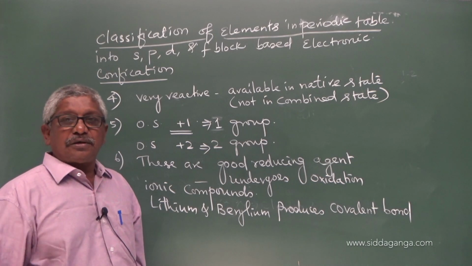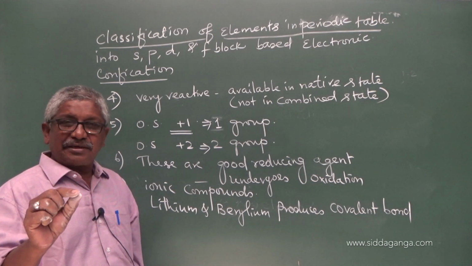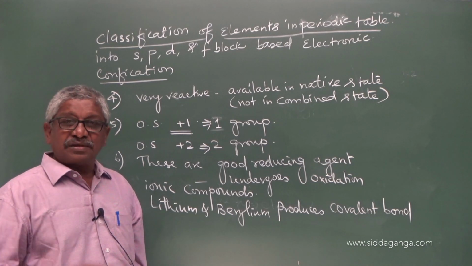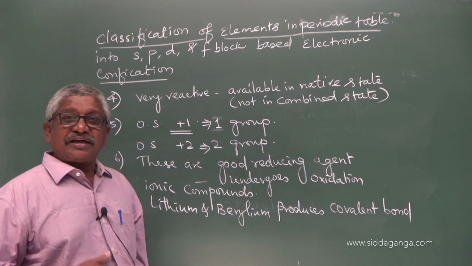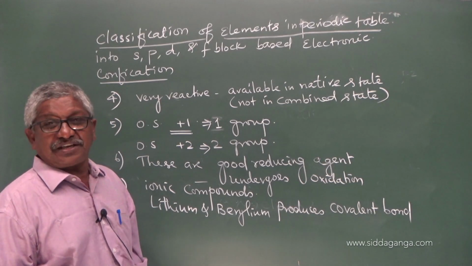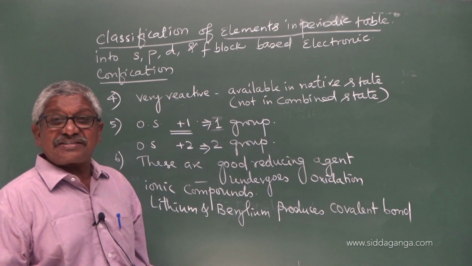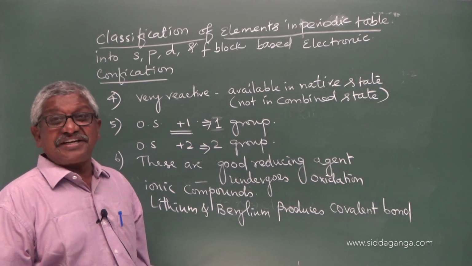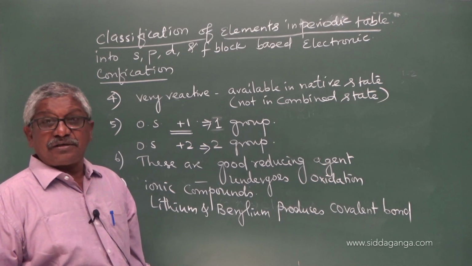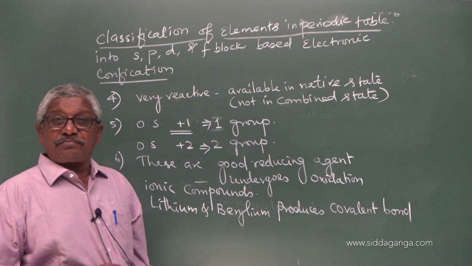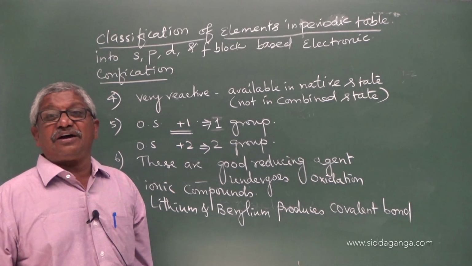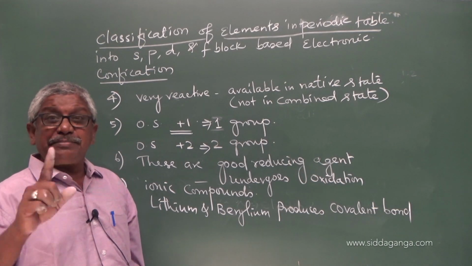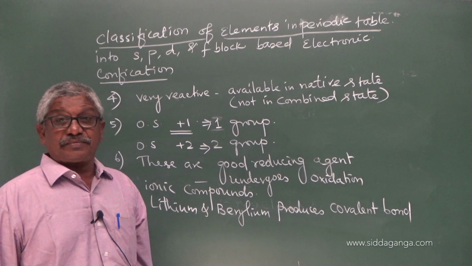The reason is, if it gets one electron, it gets the electronic configuration of the inert gas, passive gas or noble gas, 18th group elements, completing the filling of electrons in the orbitals. So hydrogen mimics halogens.